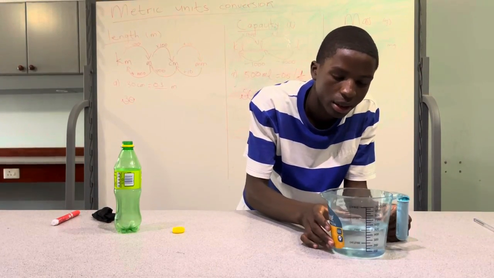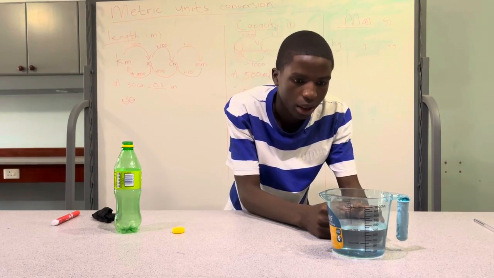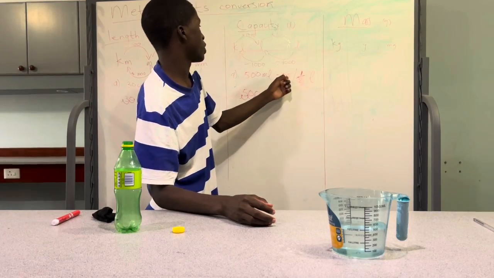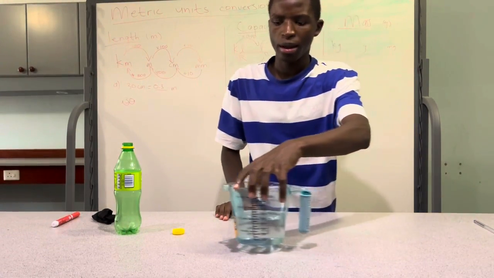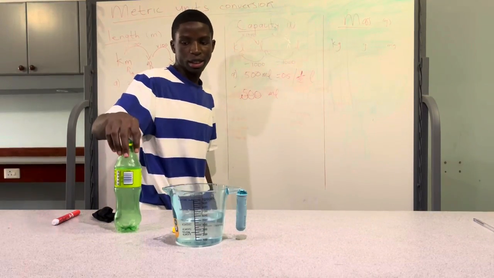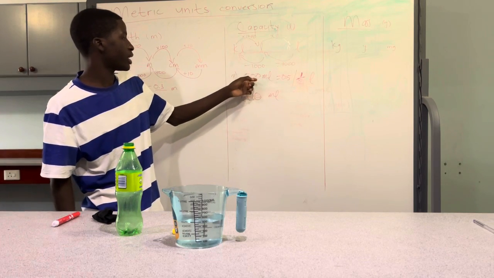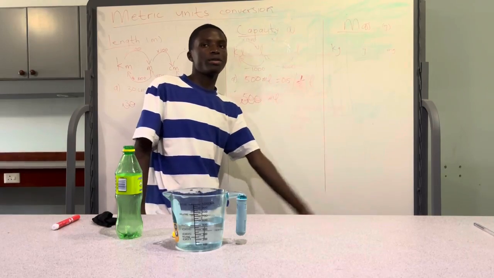And on the right hand side, on the side of liters, it's showing half a liter, which is equal to 0.5 also. Meaning, we can conclude that if we convert 500 milliliter to liter, we are going to get 0.5 or half a liter.